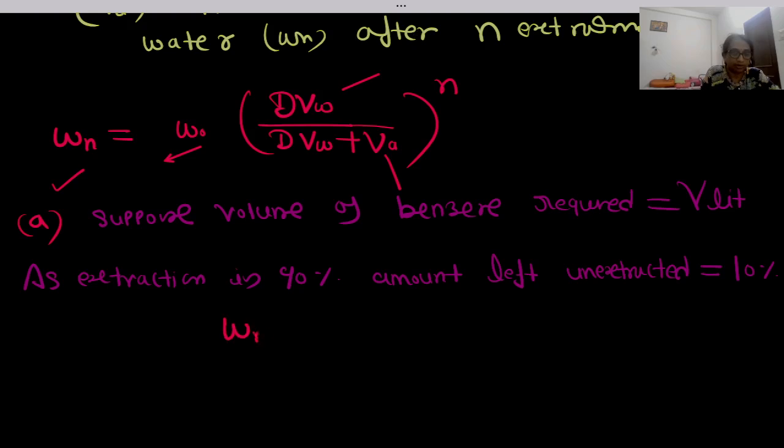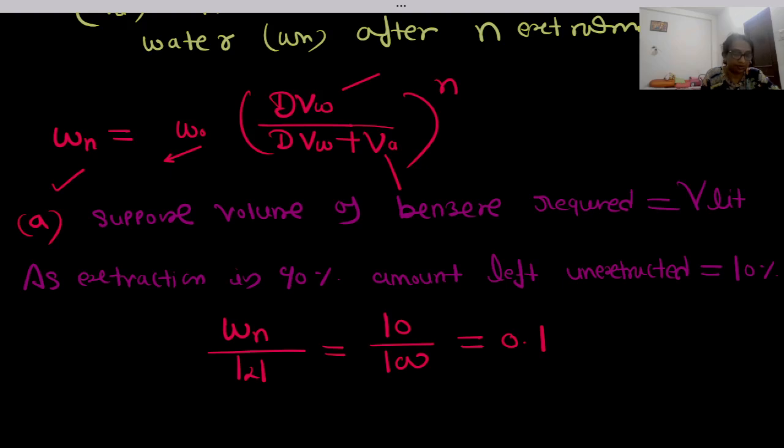W, and capital W, the remaining amount is 10 and the total amount is 100. That is 0.1. The extraction is 90%, the amount left unextracted, right?